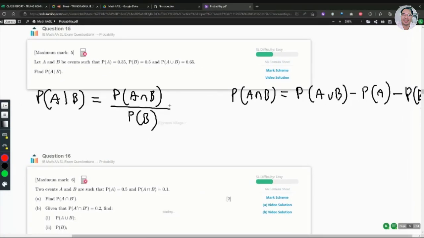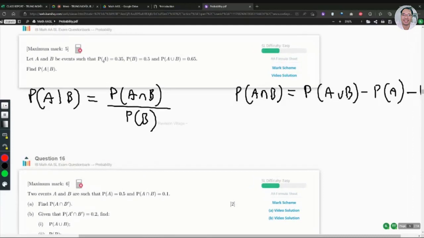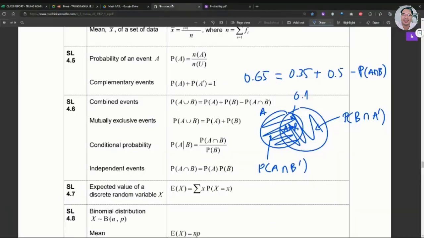I mean 0.35 for P(A) plus 0.5 for P(B), and then subtract 0.65. Look into this equation again. Here, P(A and B) will be equal to the sum of P(A) and P(B), and then subtract P(A or B).